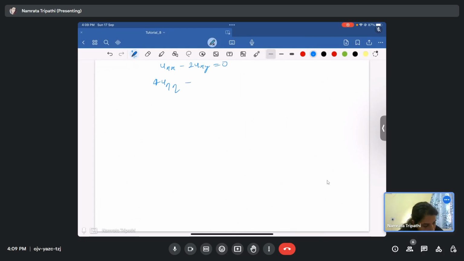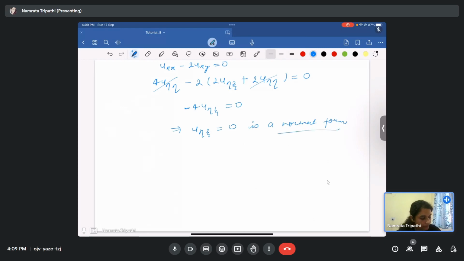And the value of uxy is 2u eta xi plus 2u eta eta. So this term will cancel out after multiplying, and the expression becomes 4u eta xi is equal to 0, that means u eta xi is equal to 0. It's a normal form. Is this clear? Question number 4.